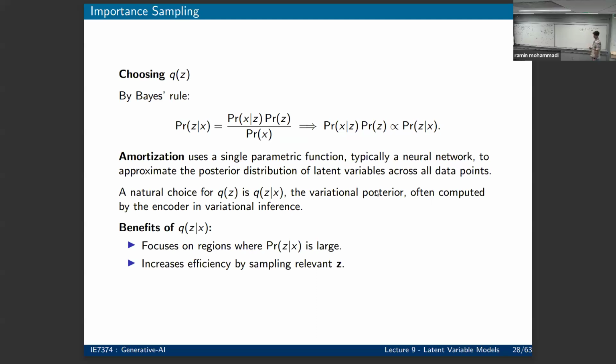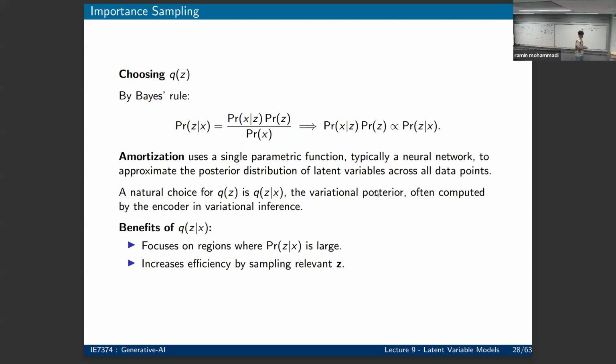Now, if we want to think about Q, which is the place that we sample from, we technically have Q(Z given X). So this proposal distribution is going to be Q(Z given X), because that becomes the posterior part that we're going to focus on.